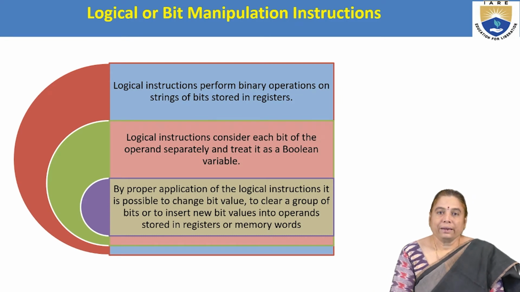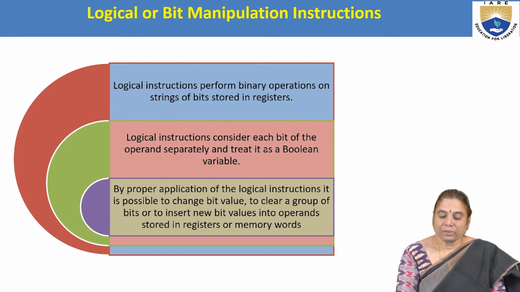The next variety of instructions are logical or bit manipulation instructions. Logical instructions perform binary operations on strings of bits stored in the registers. A single bit can be used in the case of logical or bit manipulation instructions.